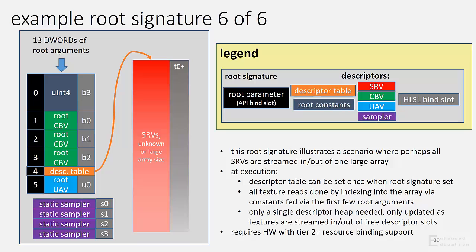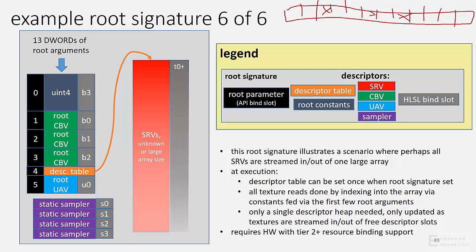What you could do in this scenario, for example, is create a very large descriptor heap, say 1,000,000 entries in size, ahead of time, and as you stream textures or assets in and out in, for example, your open world game level, you would assign any given asset a descriptor at some fixed location in the descriptor heap.